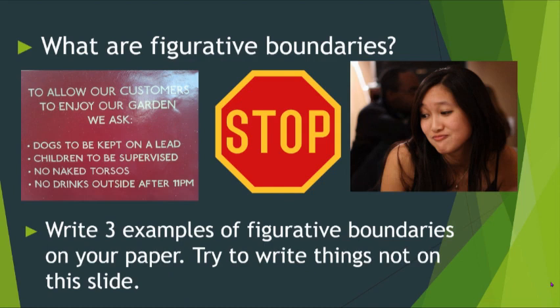We have personal space bubbles that keep us from getting too close to people. We have expectations we place on ourselves about what we should say and should do and how we should act. We have expectations placed on us by society based on how we look, our gender, all of those things. Those are figurative boundaries that provide a limit to what we do.